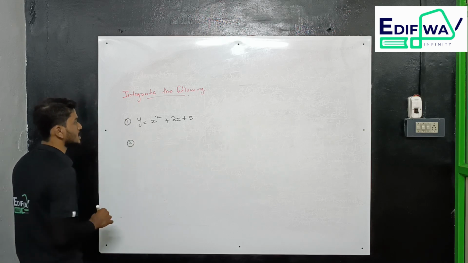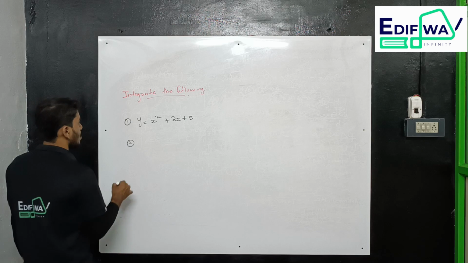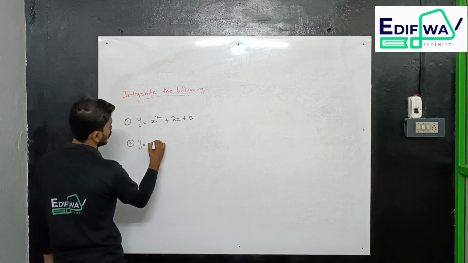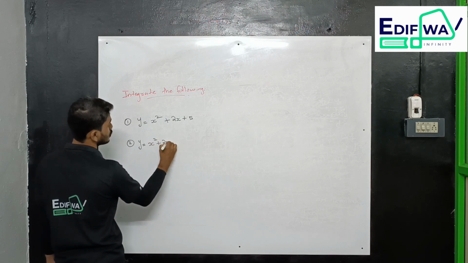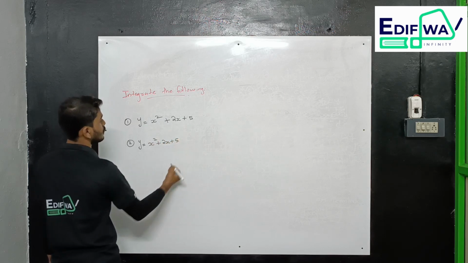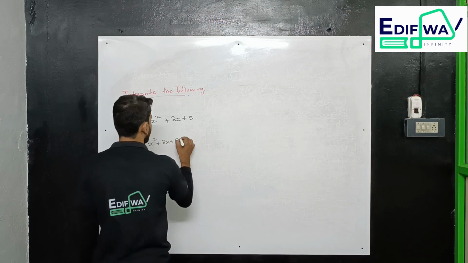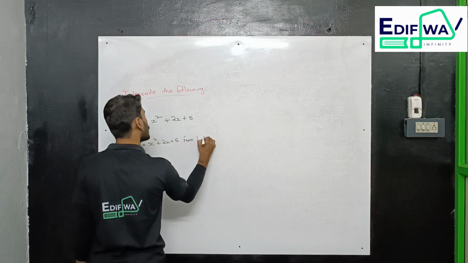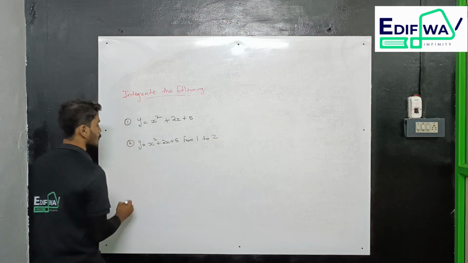Then your second question is y is equal to x square plus 2x plus 5 from 1 to 2.